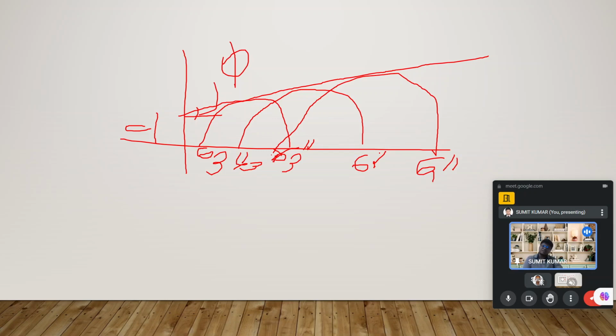Now, what change comes when we talk about the effective stress part? Over here, this is basically the tau-sigma graph.